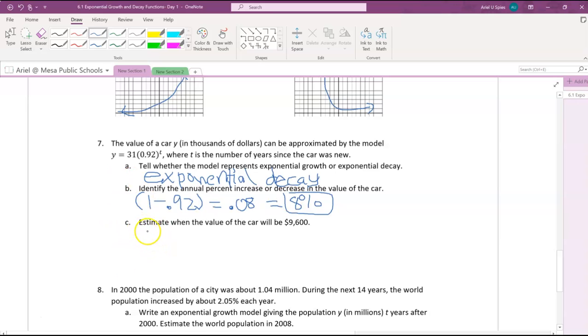C wants me to estimate when the value of the car will be 9,600. So because it told me the model was in thousands of dollars, I want to take this and divide by 1,000 to get 9.6 that I'm going to be graphing.